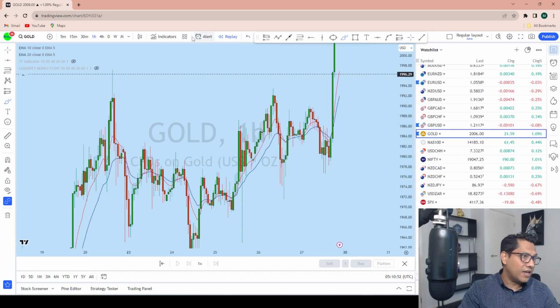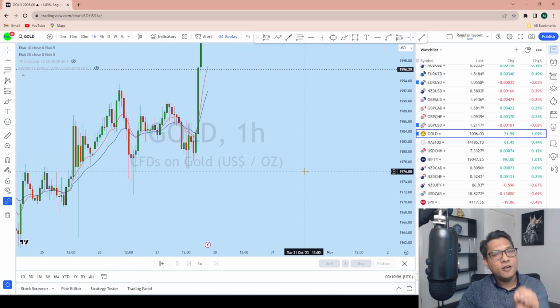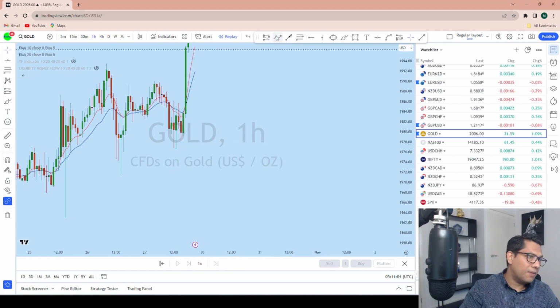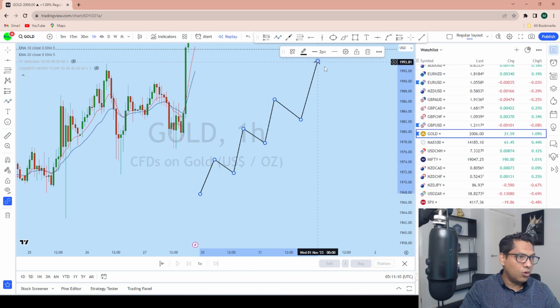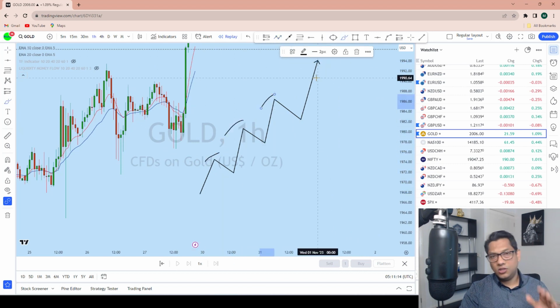How do you identify a local breakdown? Now to identify a local breakdown, one must first identify the trend, swing high, swing low. Let's imagine that a market is trending, creating a series of higher highs and higher lows, which is an uptrending market structure.